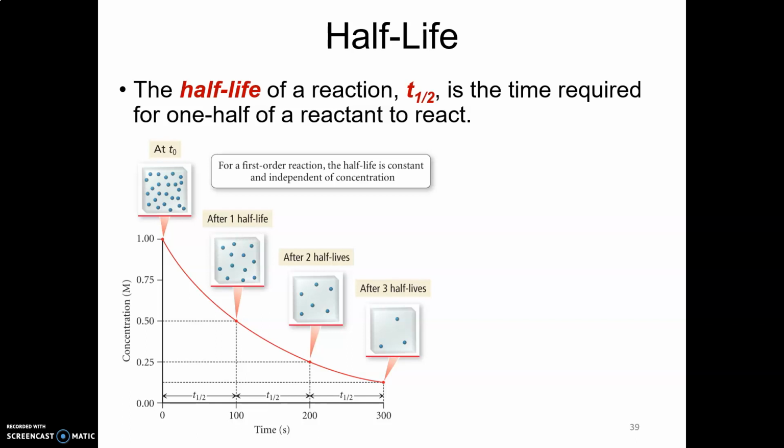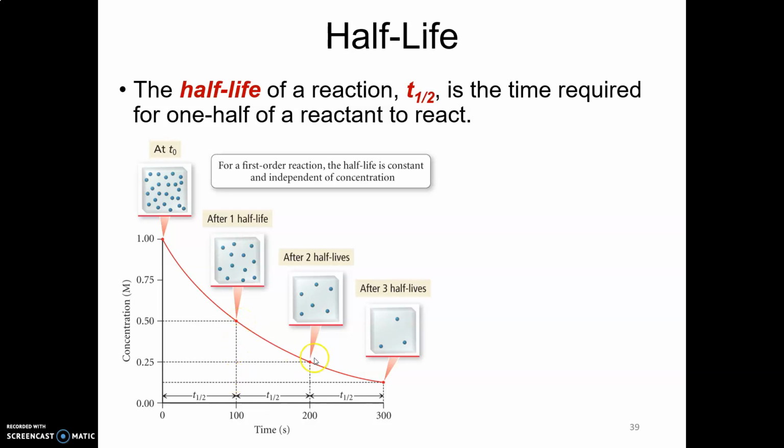Half-life is exactly what it says. Half-life is how long it takes for half of a reactant to react. So what is the lifetime associated with half of something going away? If you started with a concentration of 1, as in the picture, according to this timeline, it would take 100 seconds to get to 0.5, which is half of 1.